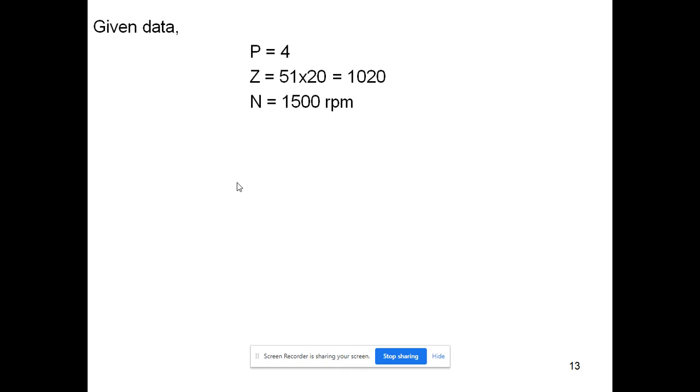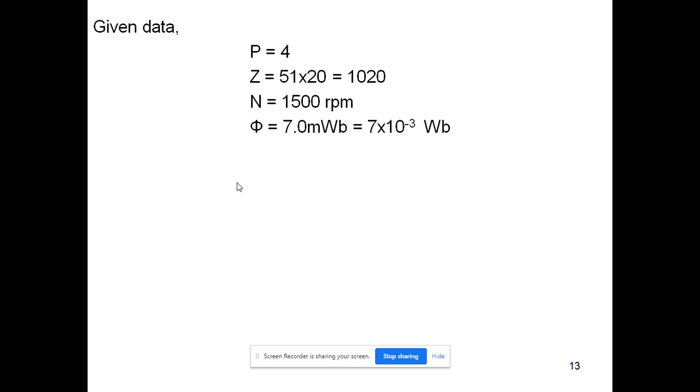And the speed of the armature, which is represented by N, is given as 1500 rotations per minute. And the flux is given as 7 mWb, where small m represents milli, which is nothing but 1 milli is equal to 10 to the power of minus 3.